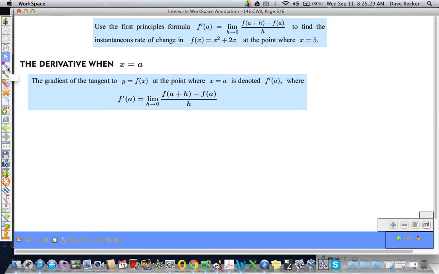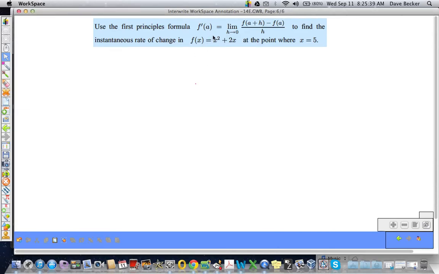All right. Use the first principles formula, f prime of a equals the limit as h approaches 0, and so on, to find the instantaneous rate of change. That's what the derivative gives us: the instantaneous rate of change, which is the slope of the tangent to the curve of this function at the point where x equals 5.